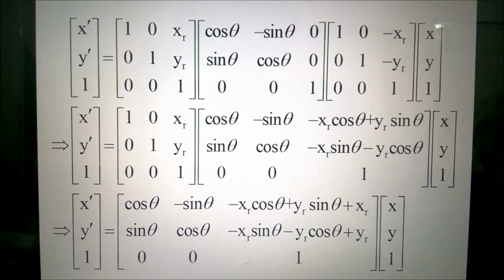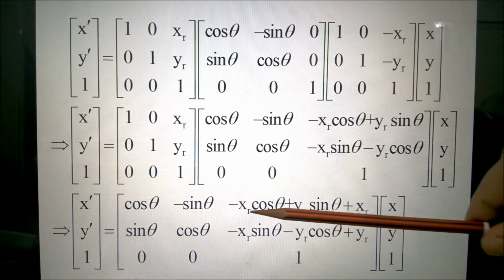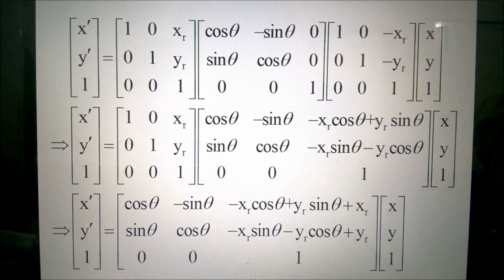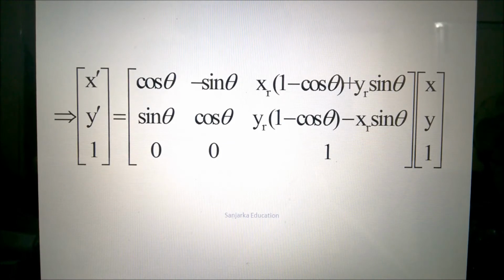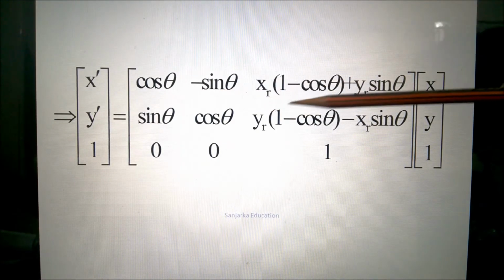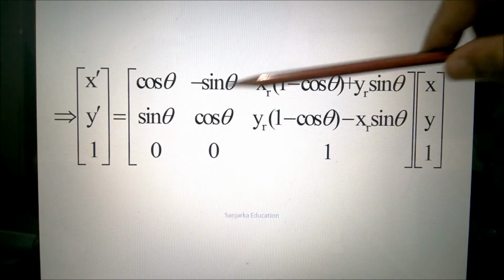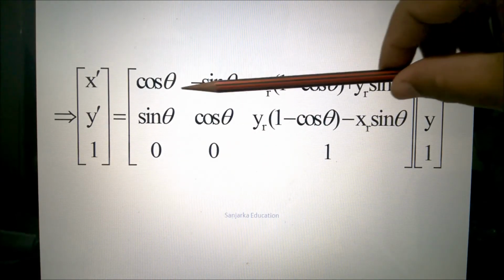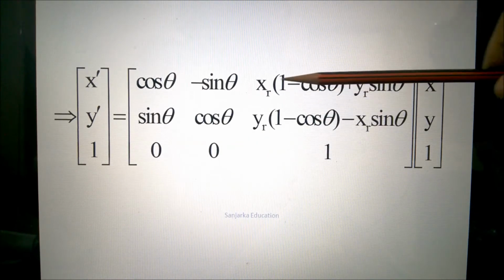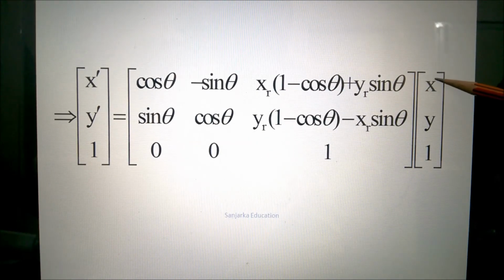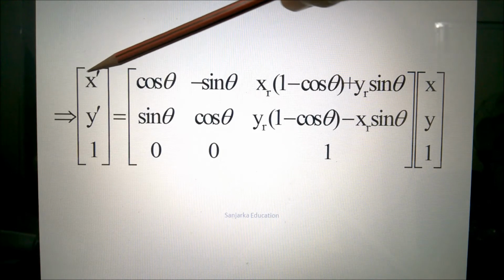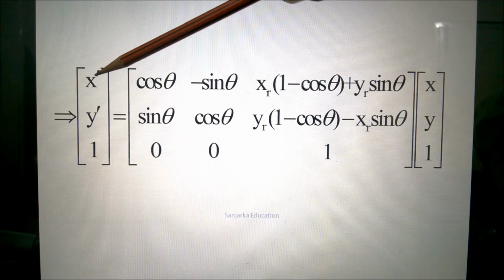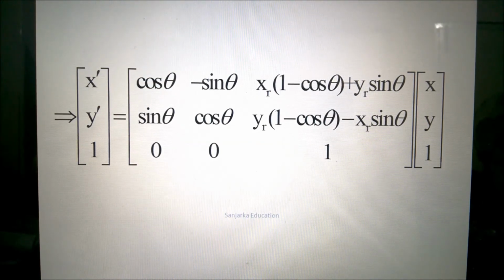After a slight simplification, we get this ultimate transformation matrix. If we multiply it with the xy coordinate, we get x dash and y dash, that means the coordinates after transformation.